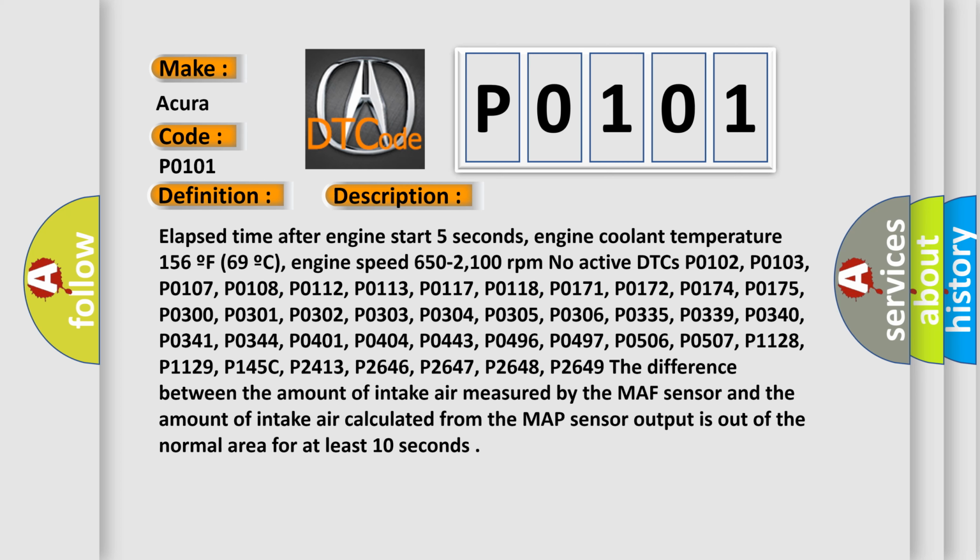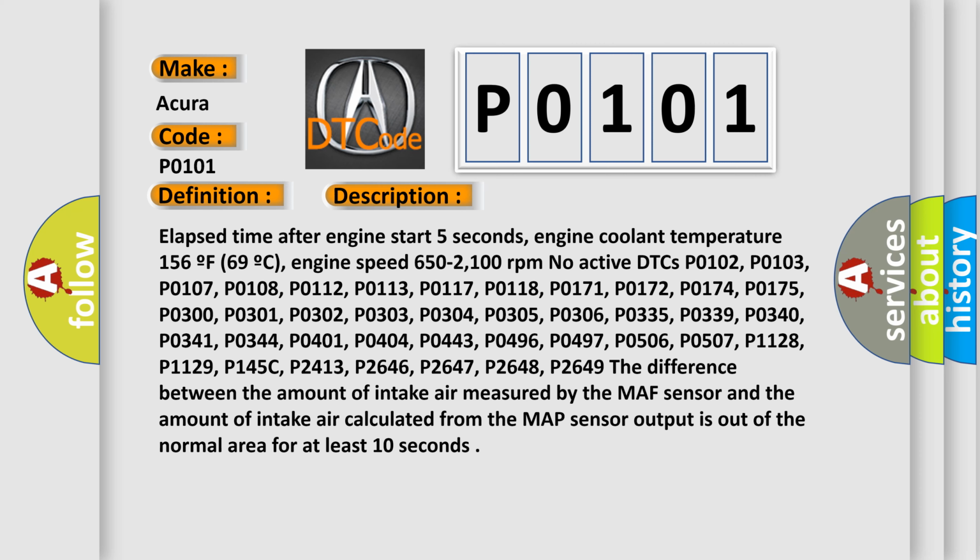No active DTCs P0102, P0103, P0107, P0108, P0112, P0113, P0117, P0118, P0171, P0172, P0174, P0175, P0300, P0301, P0302, P0303, P0304, P0305, P0306, P0335, P0339, P0340, P0341, P0344, P0401, P0404, P0443, P0496, P0497, P0506, P0507, P1128, P1129, P145C, P2413, P2646, P2647, P2648, P2649.